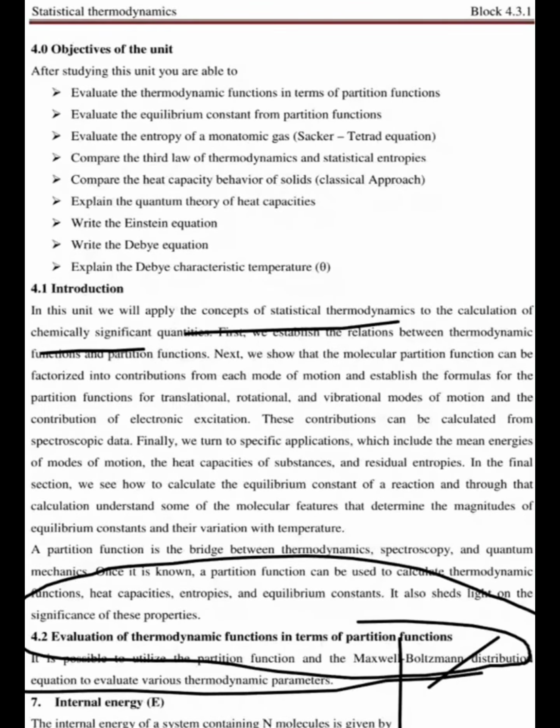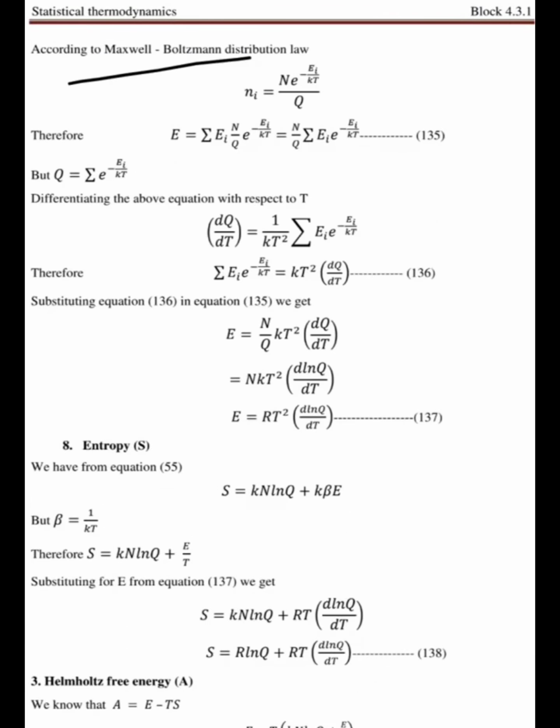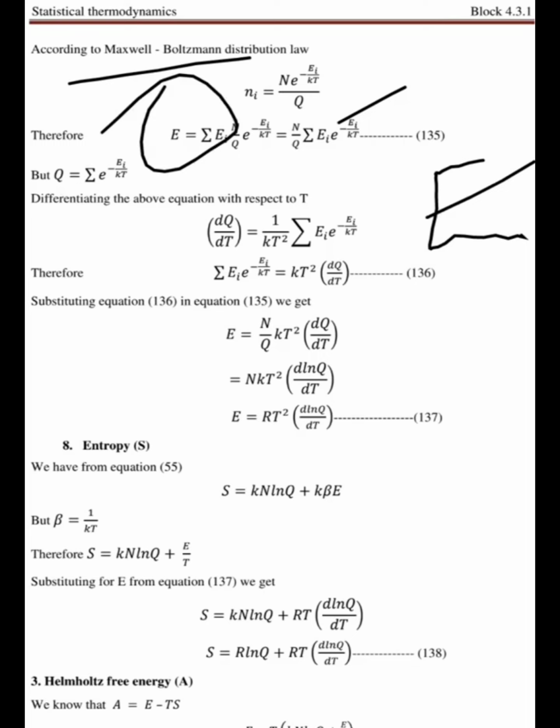The internal energy of a system containing N molecules is given by E is equal to summation of N_i E_i. N_i and E_i are nothing but the number and the energy of the molecules present in that level. So according to the Maxwell-Boltzmann distribution law, N_i is equal to the equation that follows, and E is nothing but the internal energy of the system.